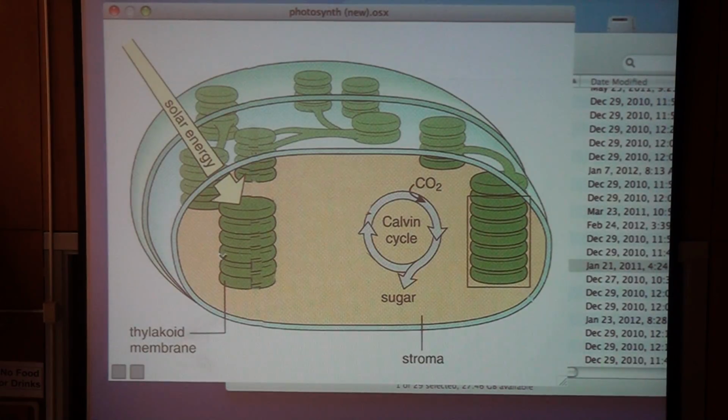All right, so light-independent reaction. It doesn't require light directly shining on it. As long as those enzymes have ATP and NADPH, it doesn't matter whether it's light or dark, they can make glucose from carbon dioxide. The other part of photosynthesis is called the light-dependent reaction because it does require light shining on it.